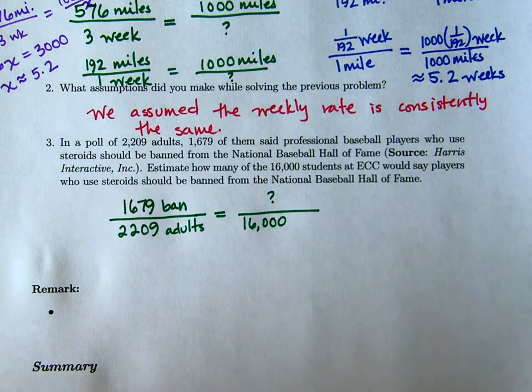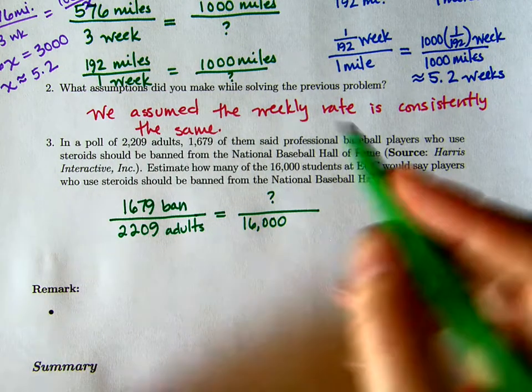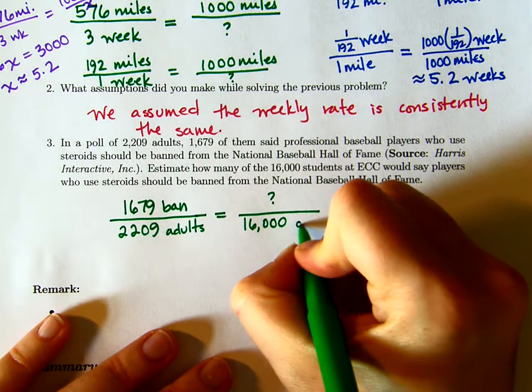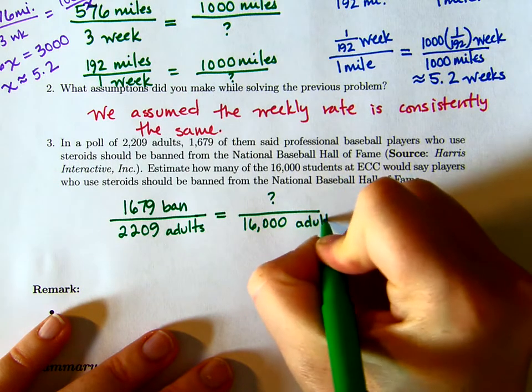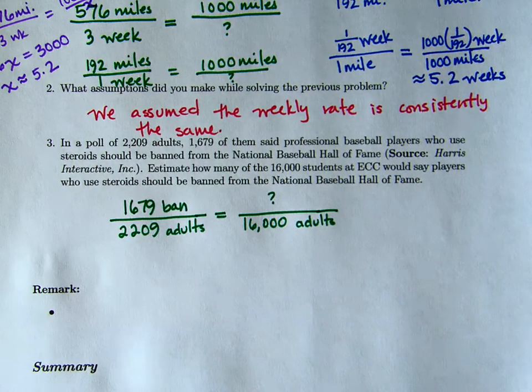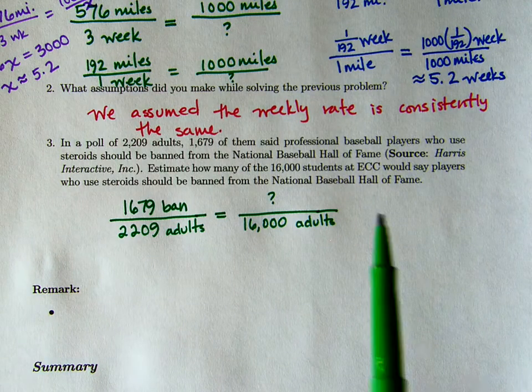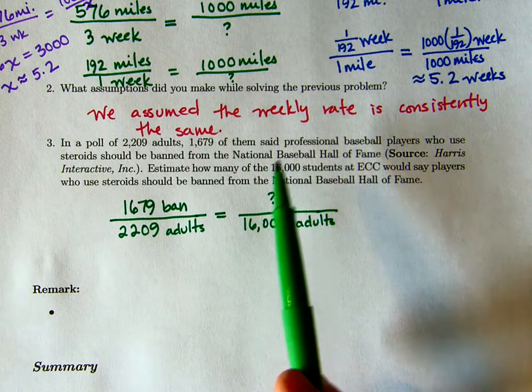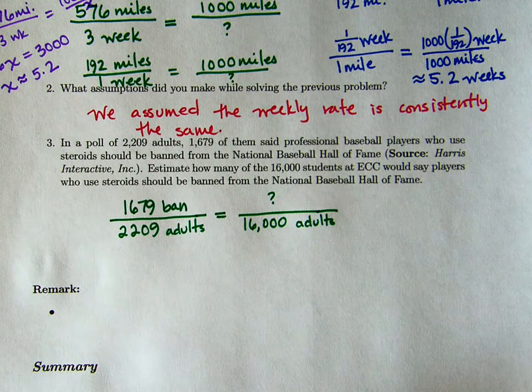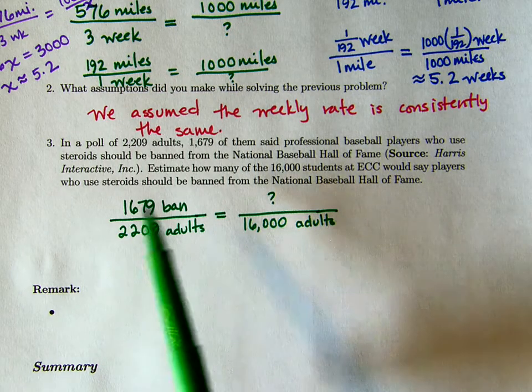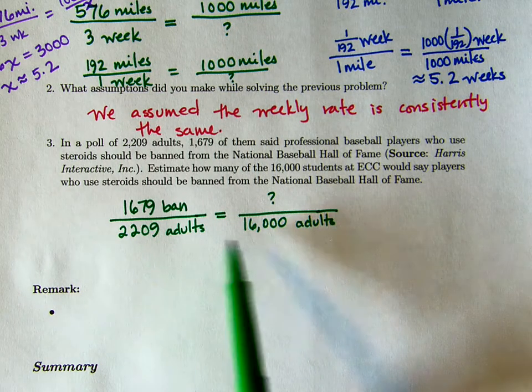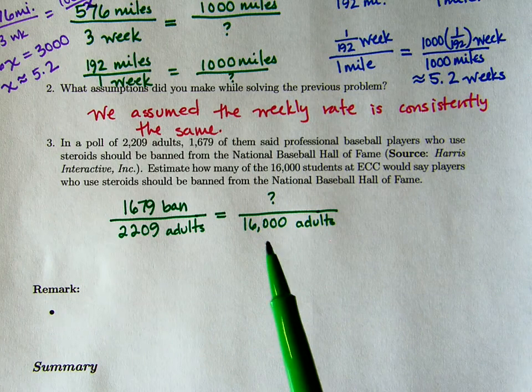And I'm going to tag you as an adult. So please start adulting. Okay, 16,000 adults. Yeah? Okay, so if we go ahead and make the leap and equate that students at ECC are now adults, then again, we are just scaling this. We are using ratios and proportions.